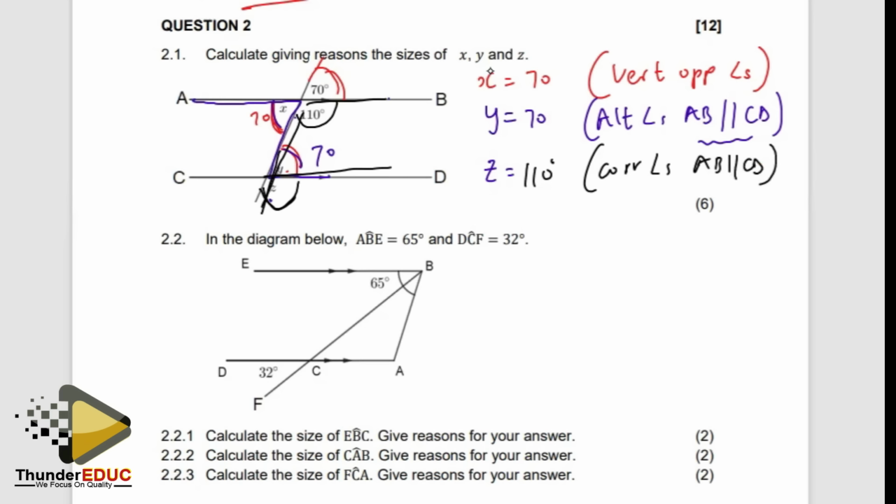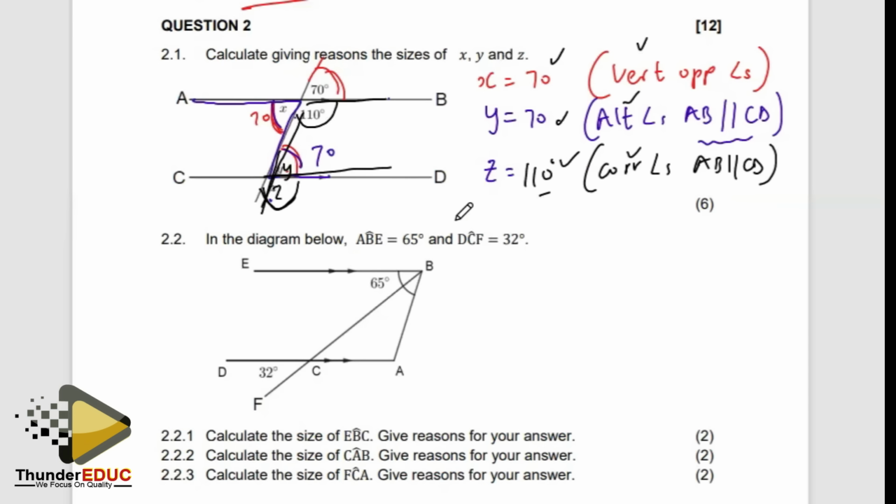Alternatively, you can also use your relationship of angles on a line. But since you have a 110, 110 and x must be equal to 180, angles on a line. Then you get your 70. Or you can look at this 70 and the z must be equal to 180 and then z will be a 110. So probably it's 1 mark, 1 mark, 1 mark, 1 mark, and then you get all the 6 marks.